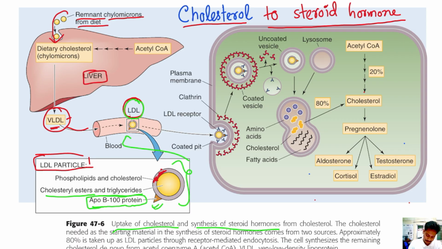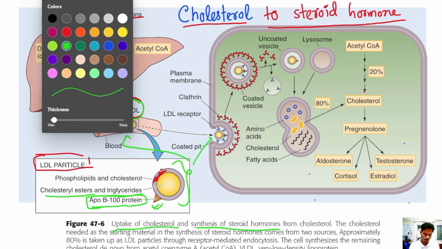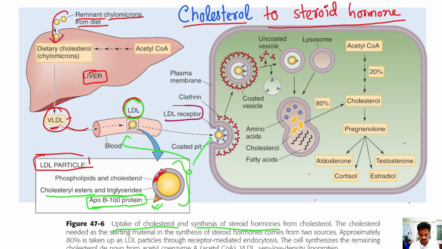This LDL particle comes into contact with the cell. The cell has a coated pit region, and there are LDL receptors on the cell. These are the LDL receptors you can see in blue.